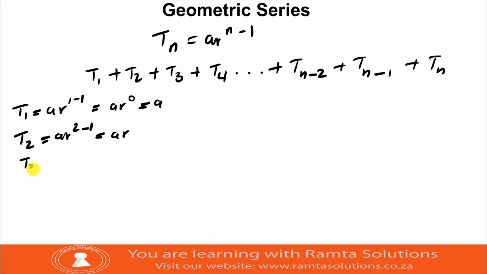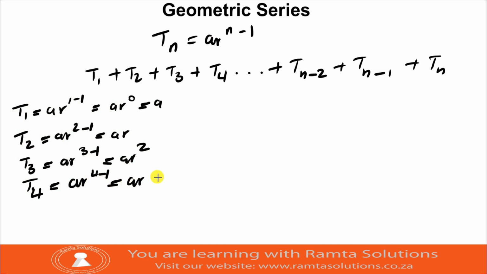Then T3 would be AR to the 3 minus 1, which is AR squared. In the same vein, T4 would be AR to the 4 minus 1, which is AR cubed.